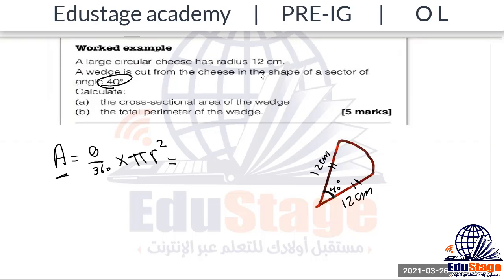So what is theta? Theta is the angle, and the angle is 40. 40 divided by 360, multiply by pi as it is, multiply by, what is r? R is the radius, which is 12, multiply by 12 squared. Use your calculator.